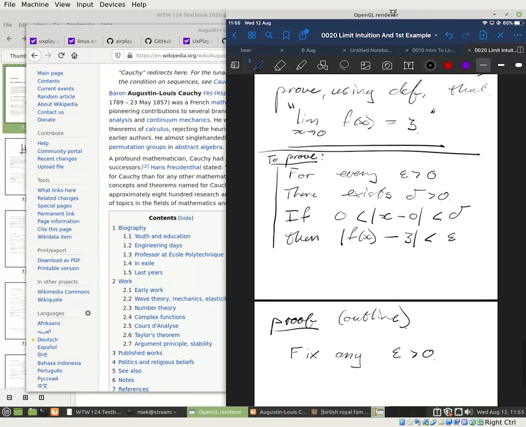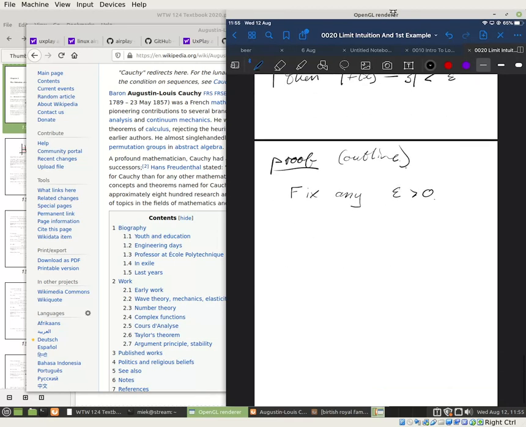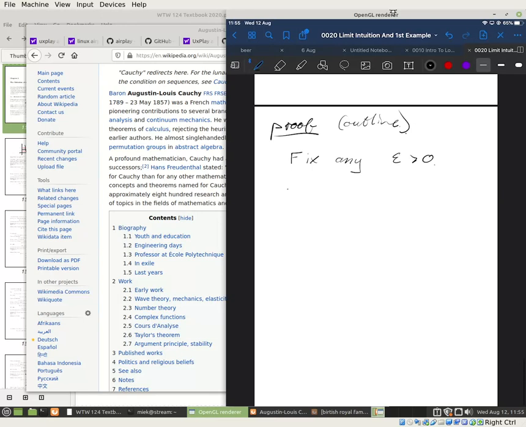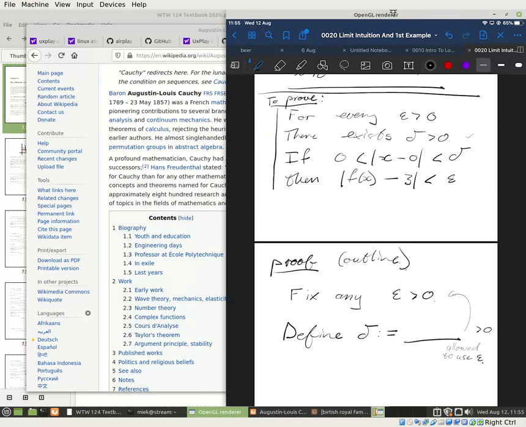Then next, we need to show that there exists a delta, so we must define it. Define delta to be something greater than 0. And what are we allowed to use? We are allowed to use epsilon. We are only allowed to use our previously defined symbols. So that takes care of that part.